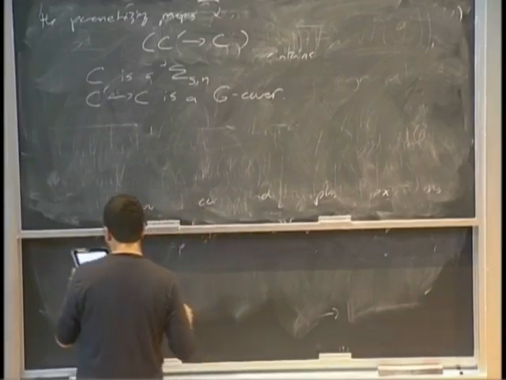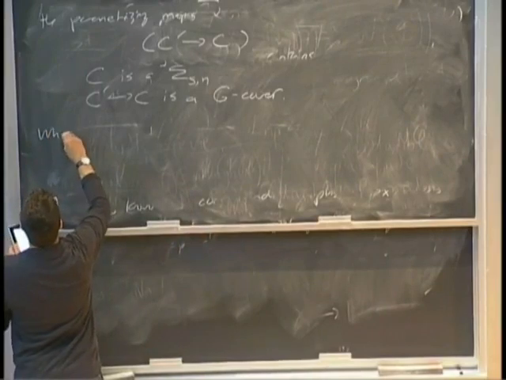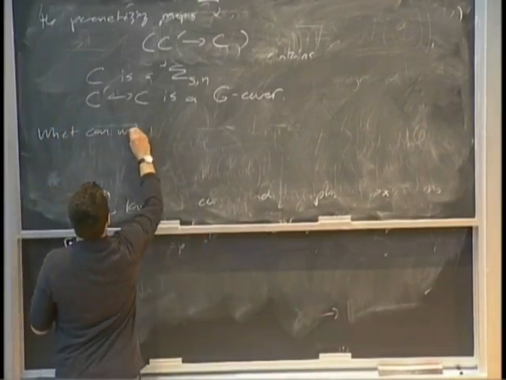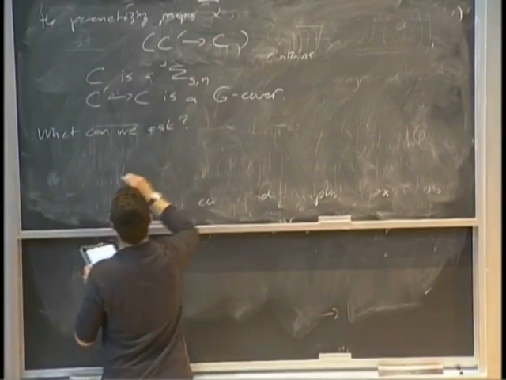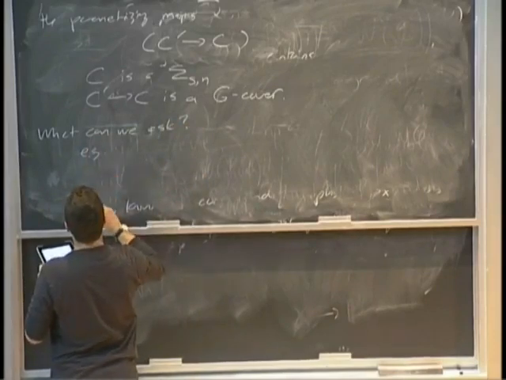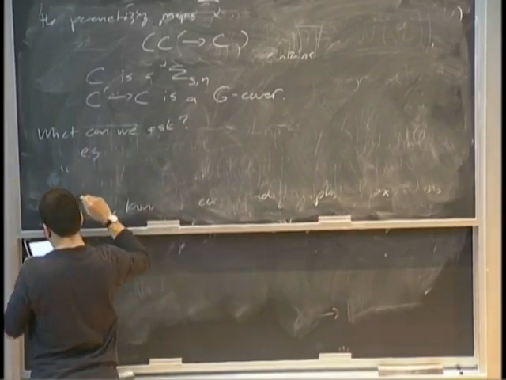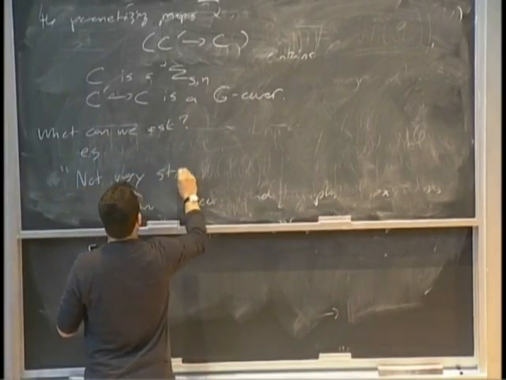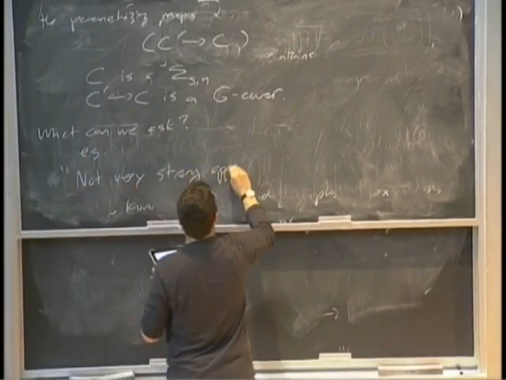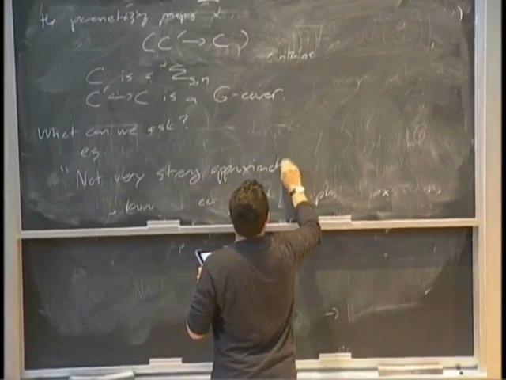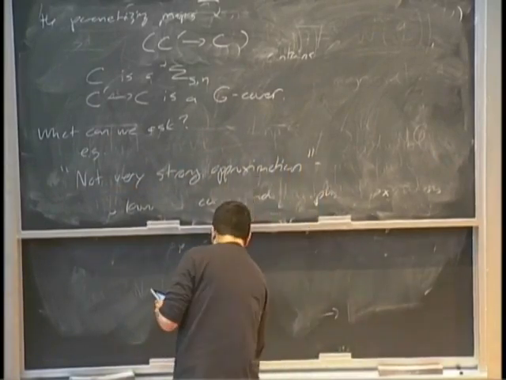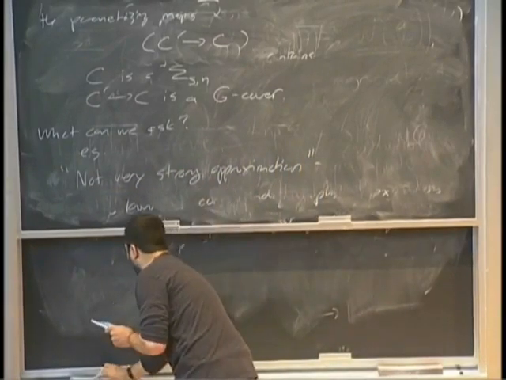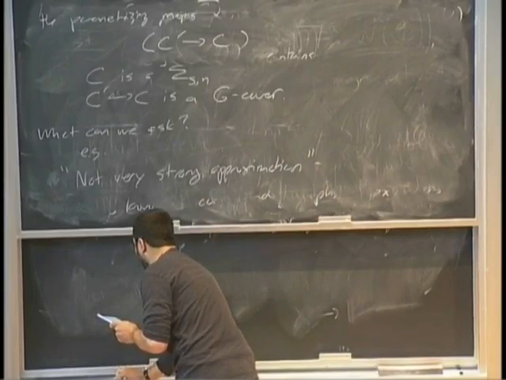So what can we ask? E.g., you can ask for, I don't really have a good name for it, I'm going to call it not very strong approximation. And this would just be the question of, I'm not asking for a surjectivity of any group.